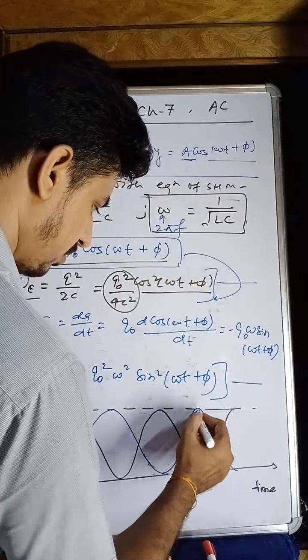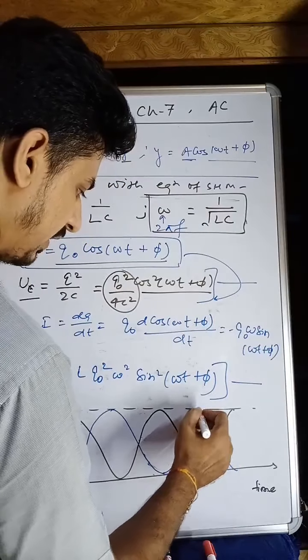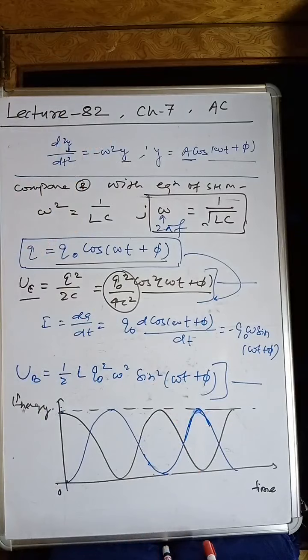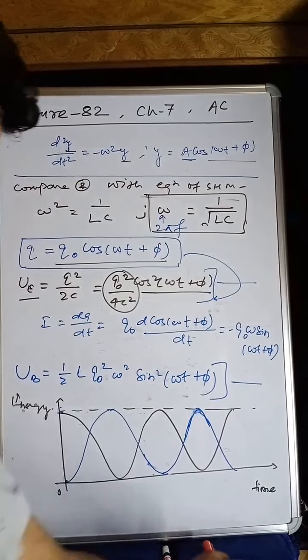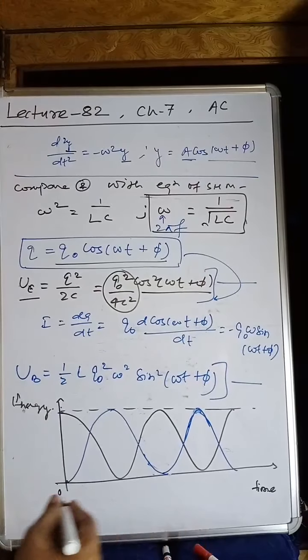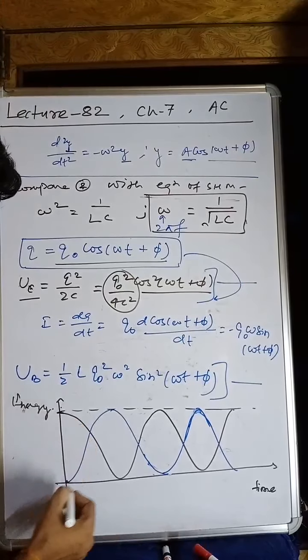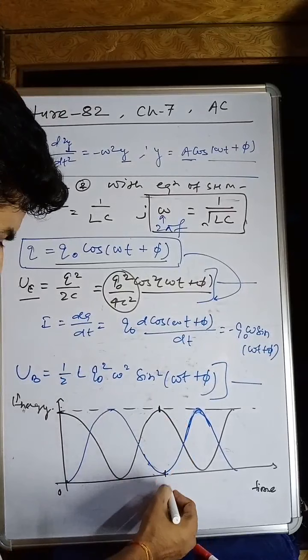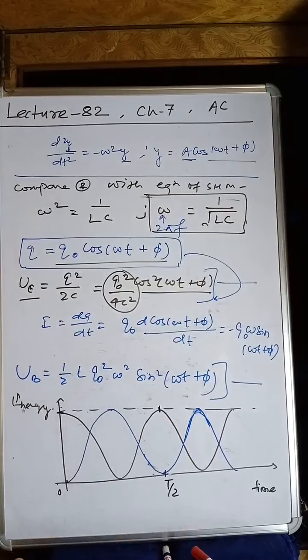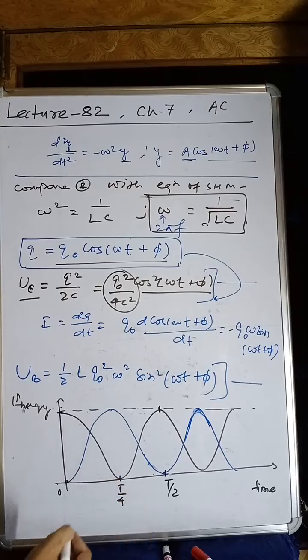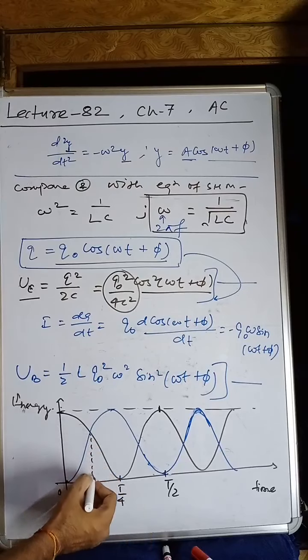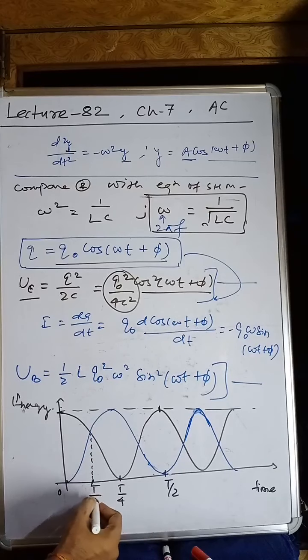Now, my dear students, you can do the analysis, which is very simple. This is the time, look here, from here to here it is T by 2. And if it is T by 2, then this is T by 4. Am I right? And if it is T by 4, then this time will be T by 8.